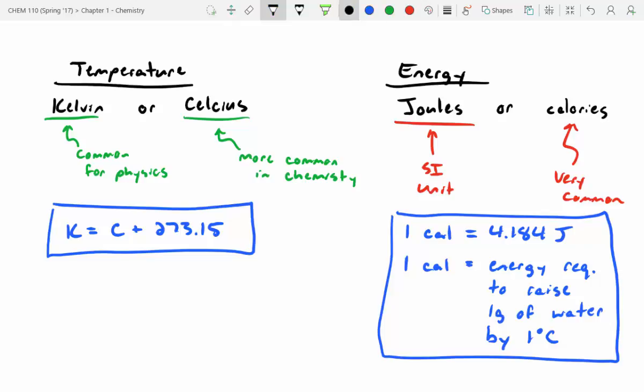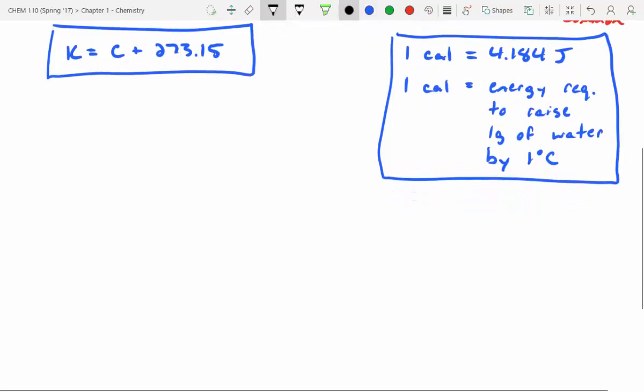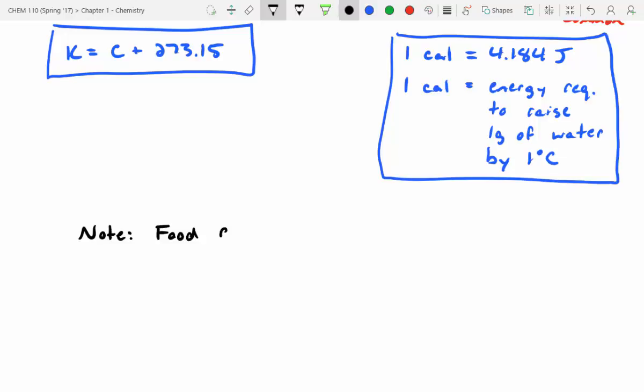There is one important note, though, that the calorie that we're measuring in chemistry is oftentimes very different than food calories. So a food calorie is always spelled with a capital C. This is equal to 1,000 calories with a small c. So that capitalization matters a lot.